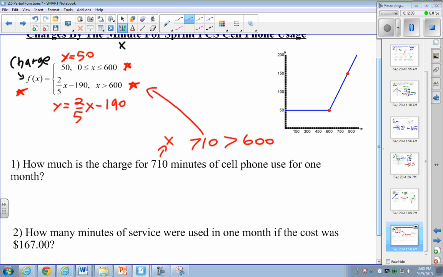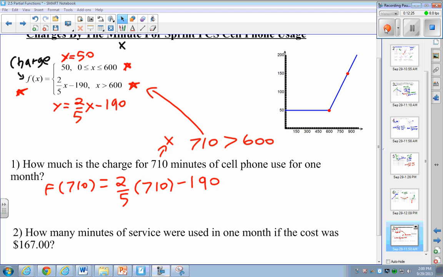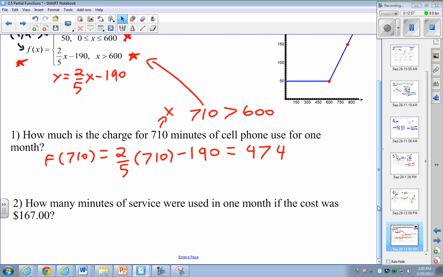And so we'll have that f of 710 is equal to... So once you get that all figured out, you should get 474.